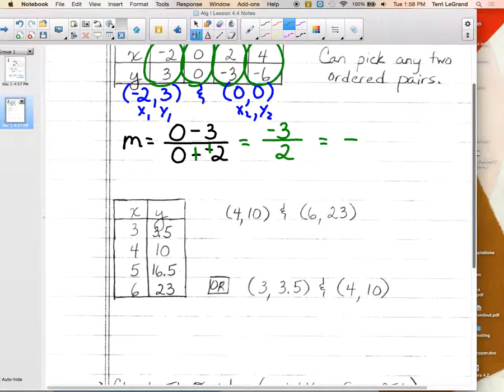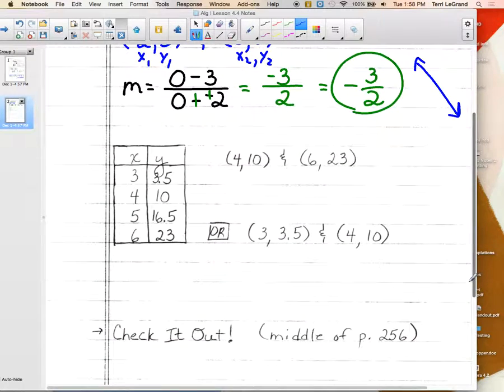We'll bring that negative sign out front, and we'll say we have a negative 3/2 slope. So the behavior of this line, if we did graph those 4 points, then draw a line through them, what should we expect? We should expect that the line would fall from left to right because of its negative slope.